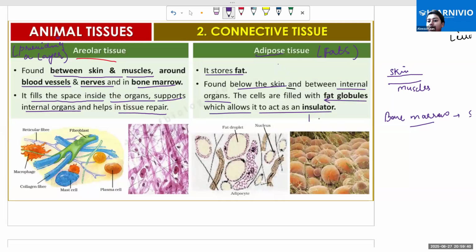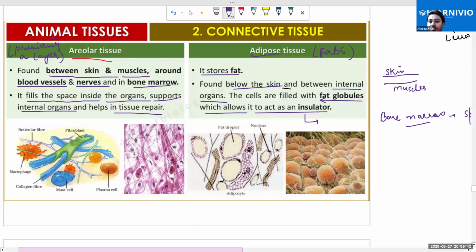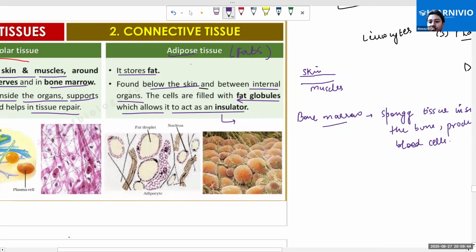Now what do you mean by this insulator? Why is it said that fats in the body are essential? Not excessive fat.